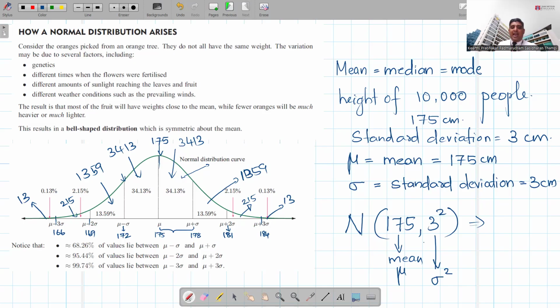Then you will have to add everything more than 178, like this part, 1,359 plus 215 plus 13 out of 10,000. So that's how we use this table to find the probability of an event.